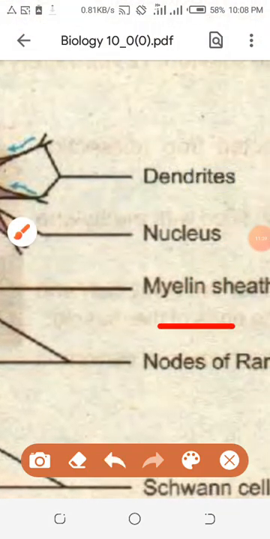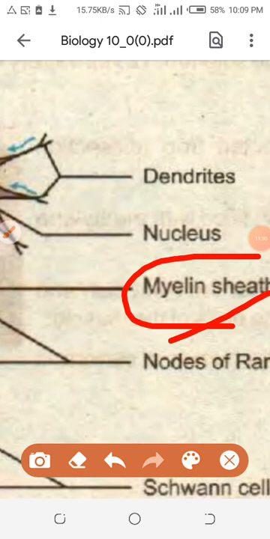Myelinated sheath. This is the structure we studied today. It is the cover of the axon, the protective sheath of the axon. Because this is an insulator. Is an insulator going to conduct the current? No, it is not going to conduct the current. And what is the major purpose of the presence of the myelinated sheath around the axon?